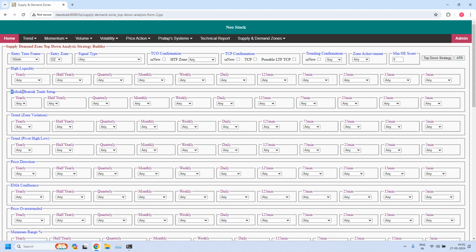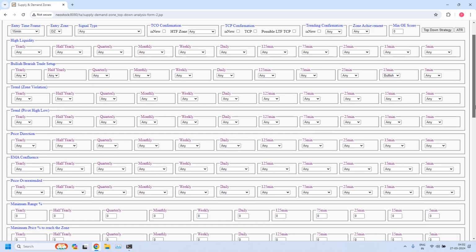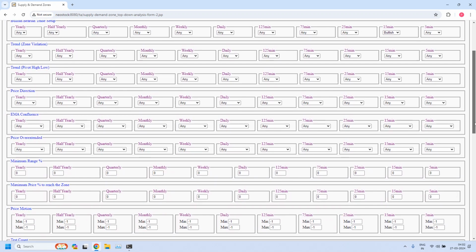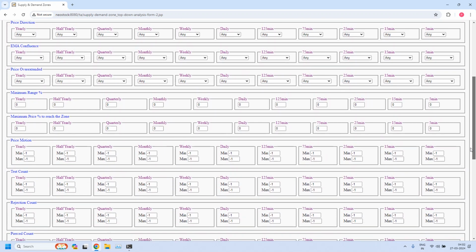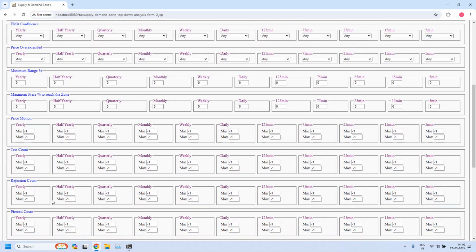In bullish or bearish trade setup at 15 minutes time frame, I am selecting bullish, and we will set 3 filters. First filter, we don't want pierced zones, so I want to set the pierced count, the last parameter. See in this space, the pierced count 15 minutes. I want to set minimum value 0, maximum value 0. This indicates pierced count should be 0. Pierced count 0 means the zone is not pierced.